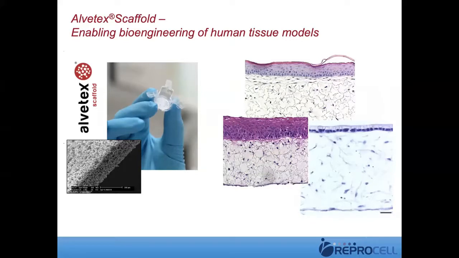Other customers have produced other models for their own needs, having bought the product and used it for their particular requirements. And if you go onto our website, you'll see some of the publications which have been produced by other customers. For example, a very nice model of the human respiratory lining.